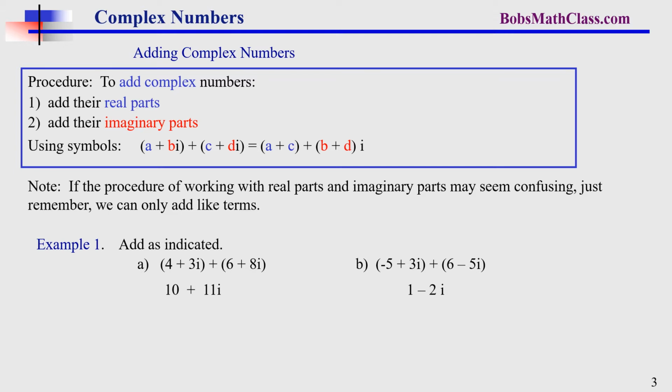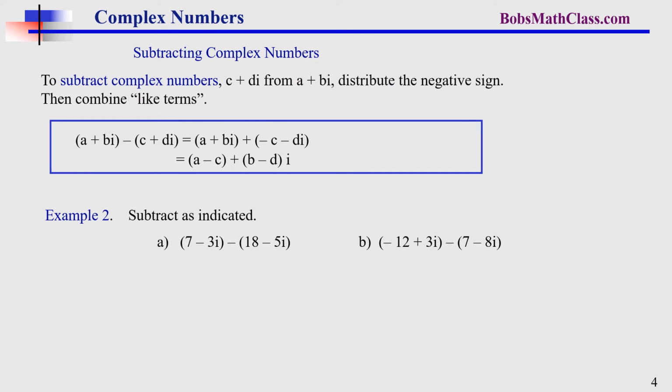So this was adding. What's next? Right, subtracting. It's the same idea. We're going to add the real parts and the imaginary parts. But first, when we have a negative in the middle before parentheses, what do we do when we have a negative in front of the parentheses?